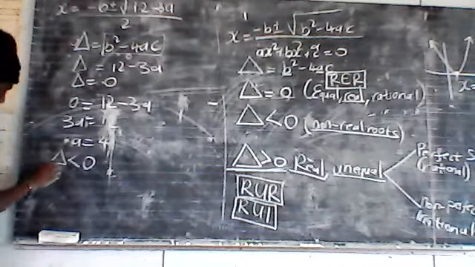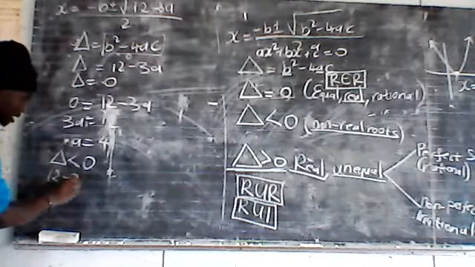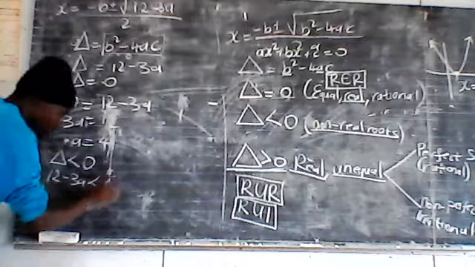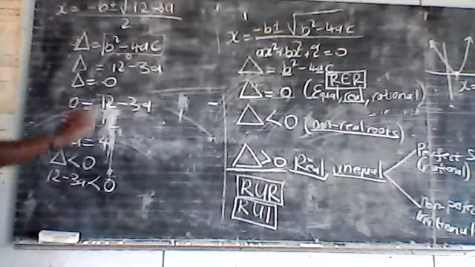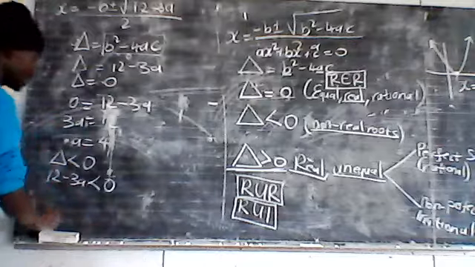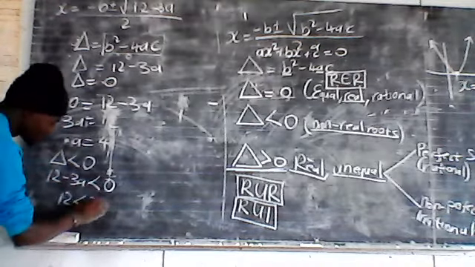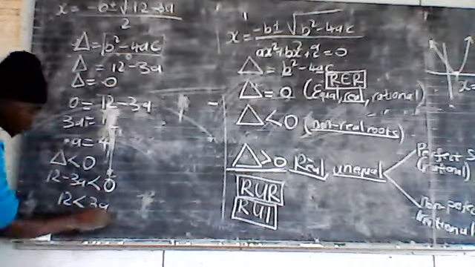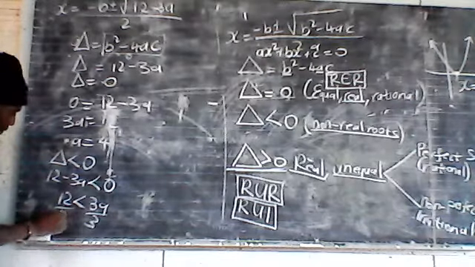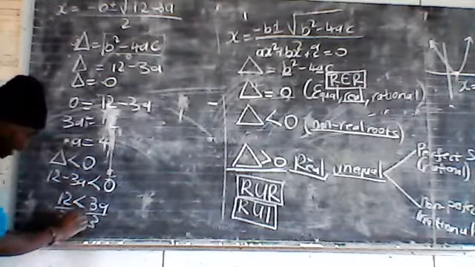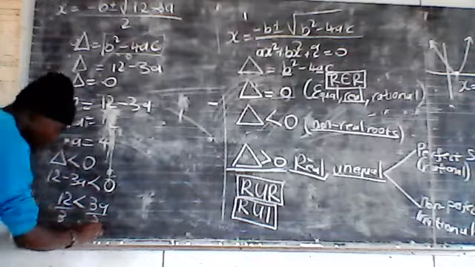It's 12 minus 3a. I'm plugging in 12 minus 3a less than 0 and solving for a. How do I solve for a? I transpose the minus 3a to the right hand side so that I'm having positive 3a, dividing both sides by 3, I'd have a greater than 4.